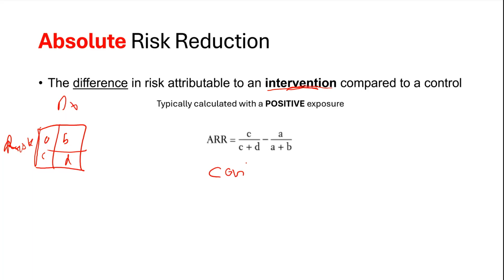It's the opposite, control minus the risk, typically talking about a positive exposure. Attributable risk is risk minus control, exposed minus unexposed. Absolute risk reduction is going to be your unexposed minus your exposed. Okay, it's the opposite.